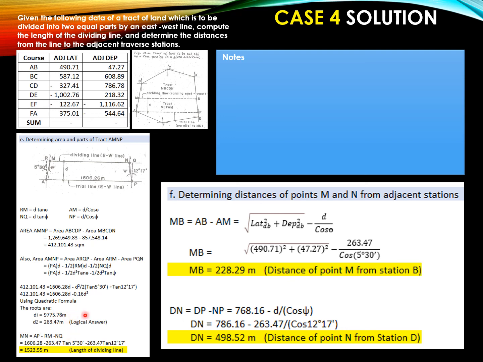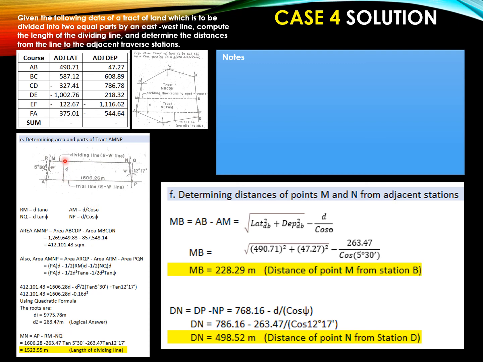That's why, kukunin lang natin yung logical answer, which is itong 263.47. Why? Kasi kung 9,000 na to, yung mga length natin dito, hindi naman umaabot ng mga 9,000 eh. Sobra-sobra na yon. That's why, ito lang, 263.47 meters, which is the logical answer. Yun yung D.